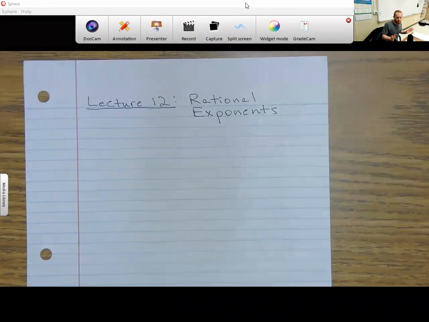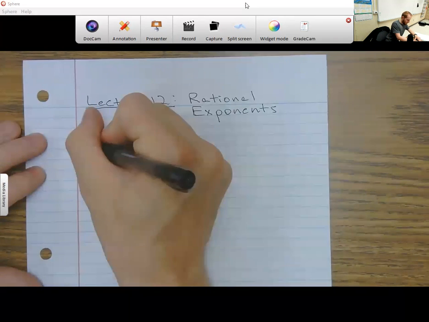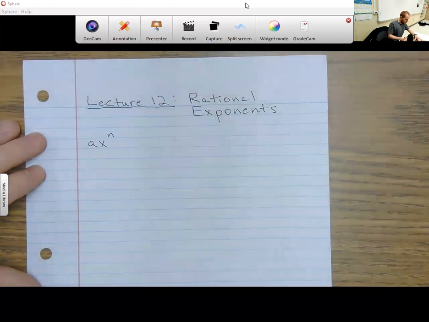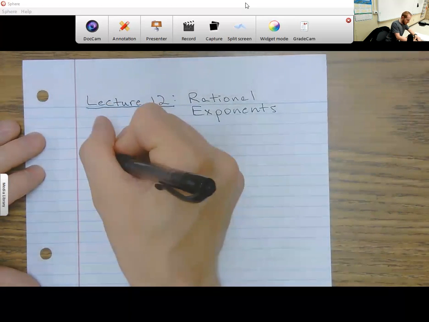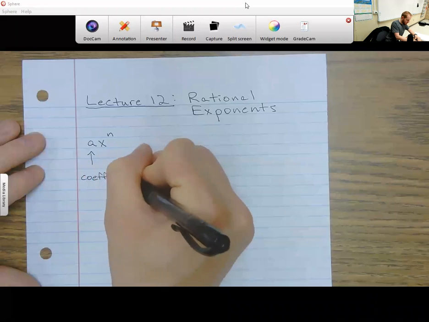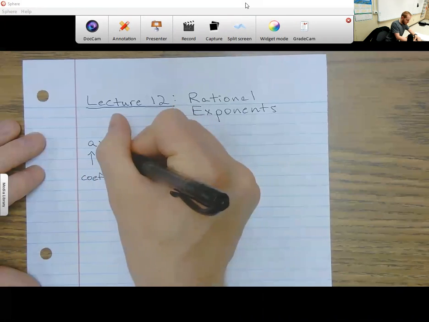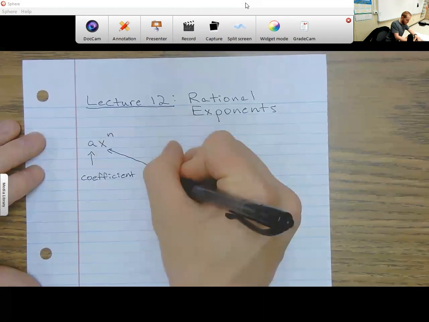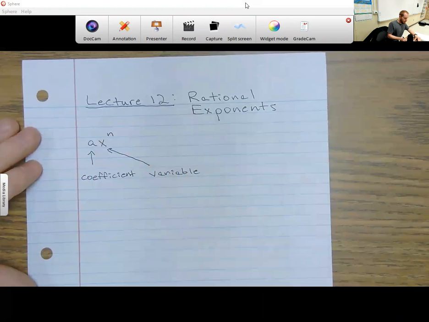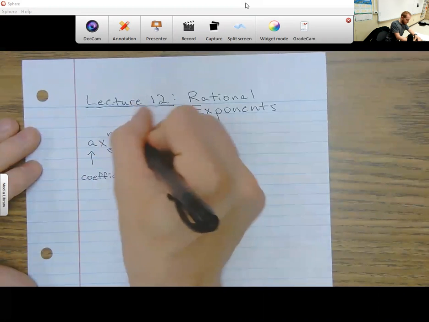You've got positive exponents, but before I get to that, I do want to say what an exponent is. So let's say we have ax to the n. We're going to say that a is the coefficient, x is the variable, and n is the exponent.